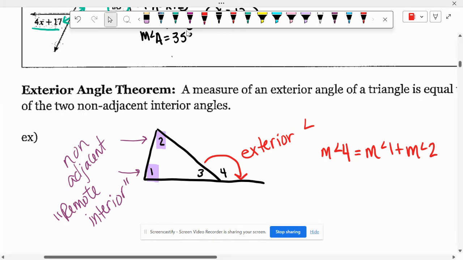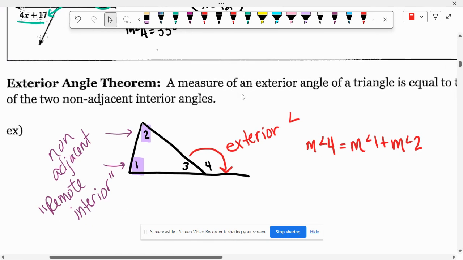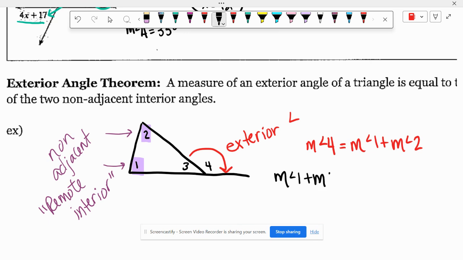Why is that? Well, let's think about it really fast. I know that the measure of angle 1 plus the measure of angle 2 plus the measure of angle 3 equals 180. That's just the interior angle sum theorem, right?